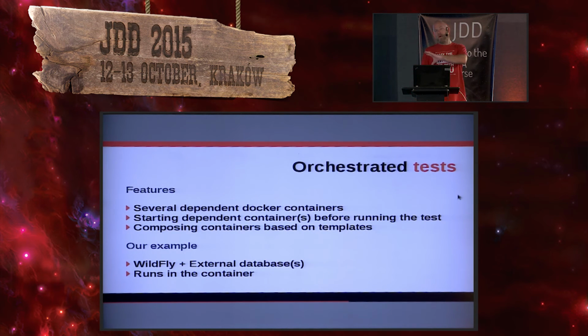So the orchestrated part of Cube is where you want to have several Docker containers that have a dependency chain between them. The simple example that we're going to show is some form of server that has a dependency on a database.